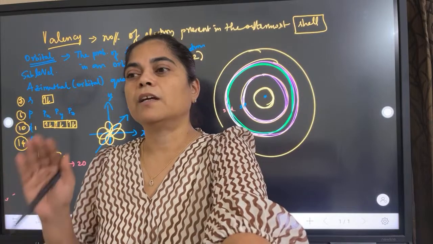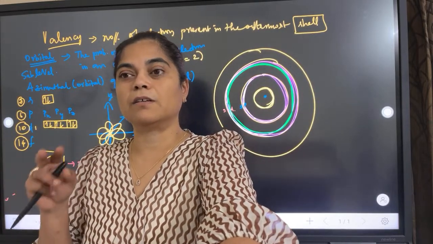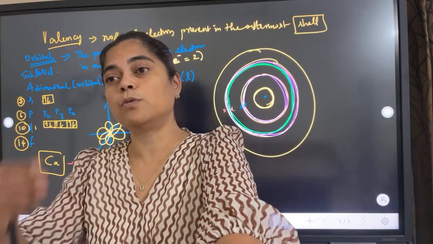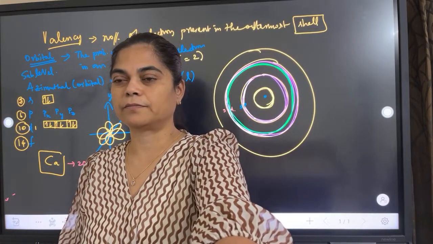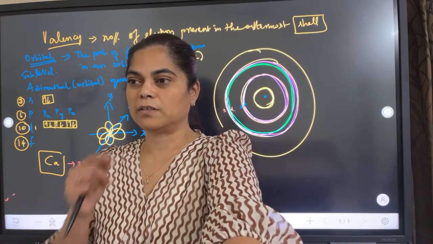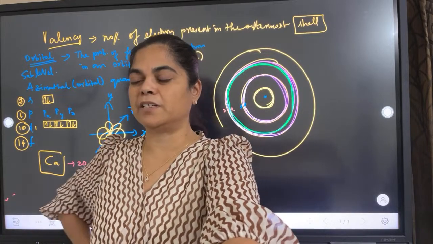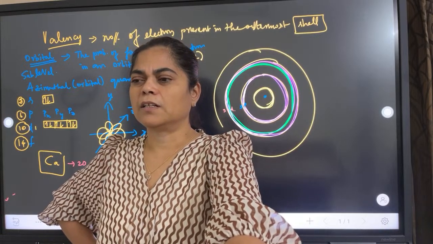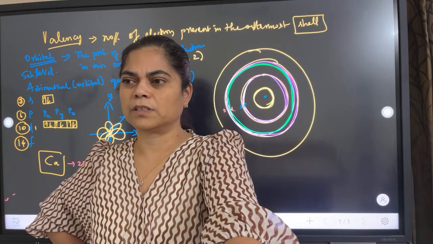Then if it is less than half filled or more than half filled, then that won't exist as an atom. It may lose or gain electrons, so that the atom becomes an ion. Understood? Take a note. Maybe we'll finish within 5 minutes. Okay, the atoms tend to lose electrons.